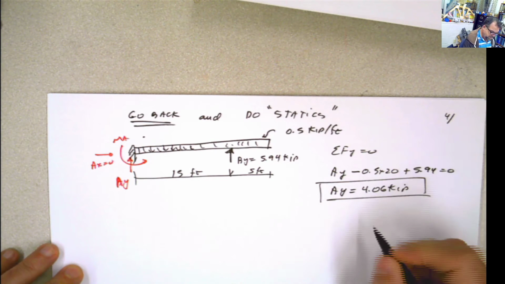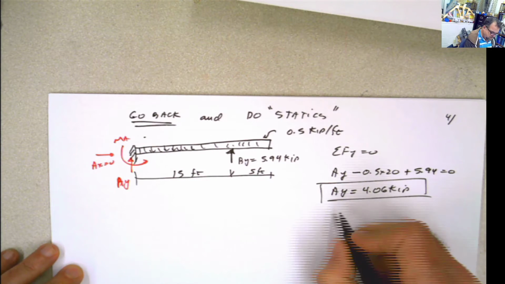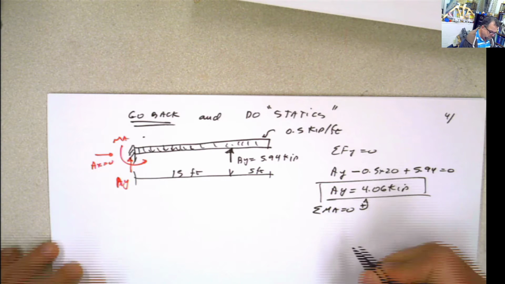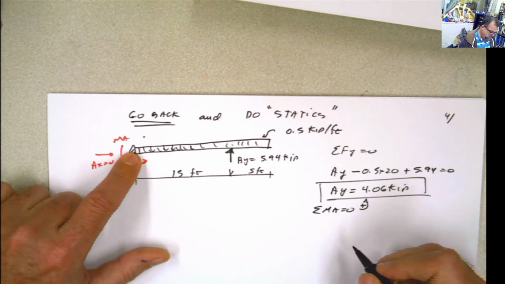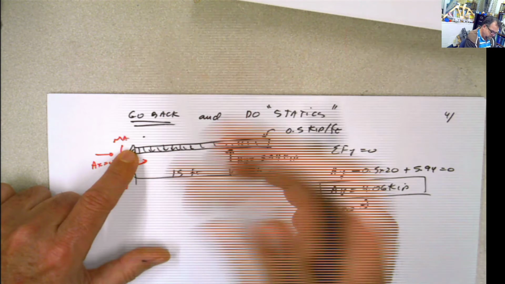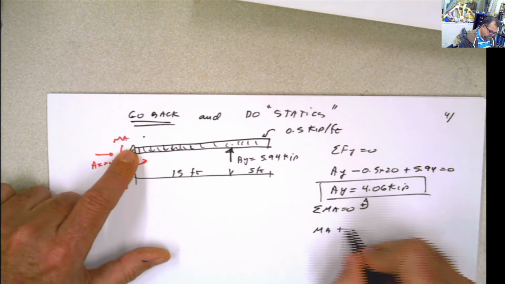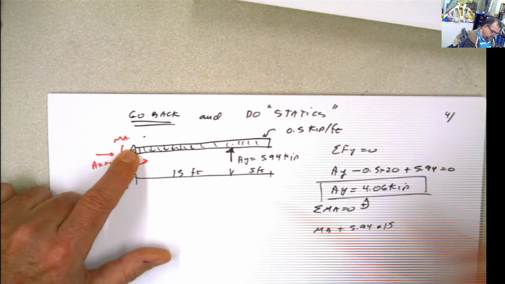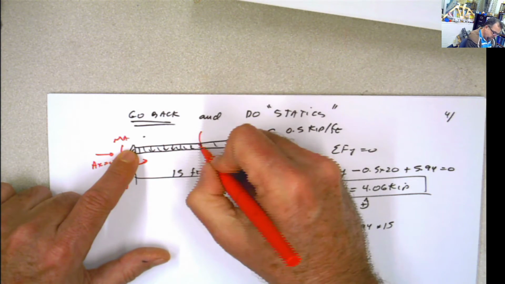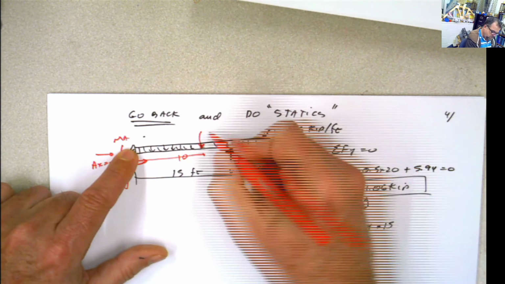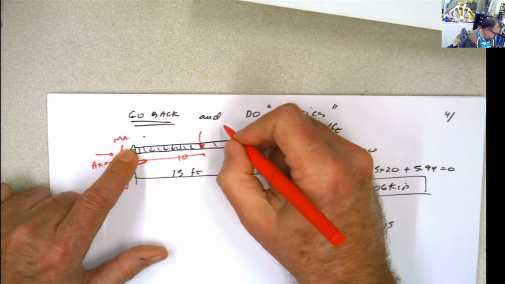What is the next step? Summation of moments. Okay, summation of moments at A equals 0, in order that I calculate this moment here. So I'm going to have MA positive plus 5.94 times 15, this one, and then I have this force somewhere here at 10, which is 20 times 0.5 is 10.